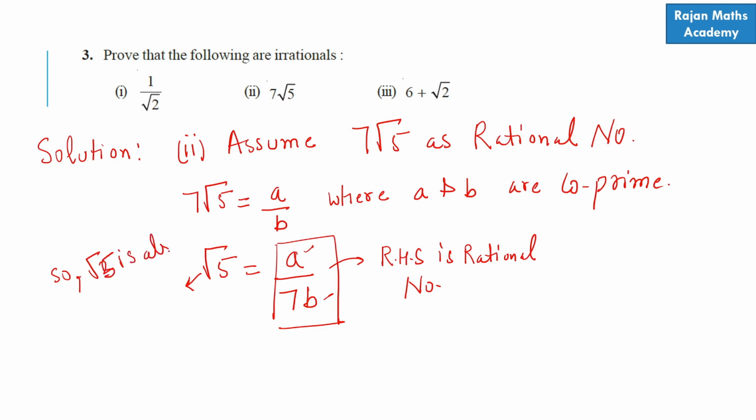is also a rational number, but we know root 5 is irrational.